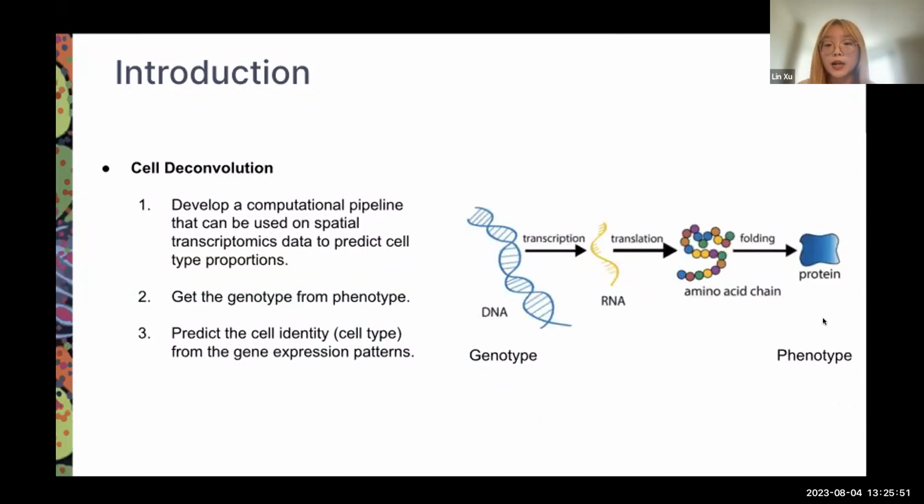And that's the phenotype we have. And the genes inside everything will be the genotype. And because of this whole process, we can use the gene expression pattern or the genotype to predict the cell identity or the cell type or the phenotype at every different spot.